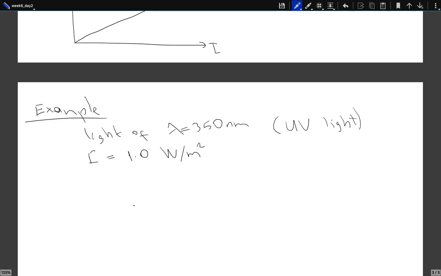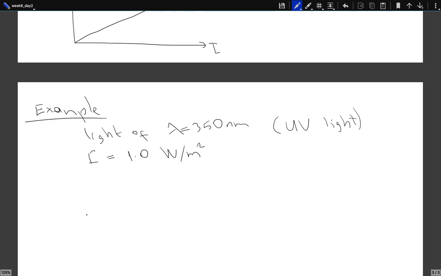Eventually what you see is the material is made up of many atoms. This intensity, 1 watt, is spread over 1 meter squared. The electrons are inside the atoms. Let's make the very simple idealization that an electron in an atom just acquires all the intensity of light falling onto that atom. That will be a very simple approximation.